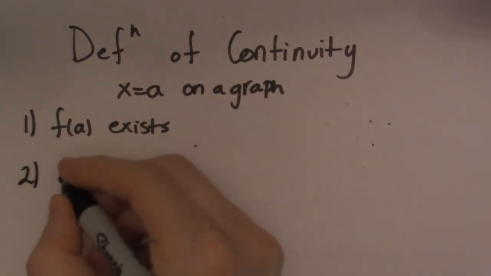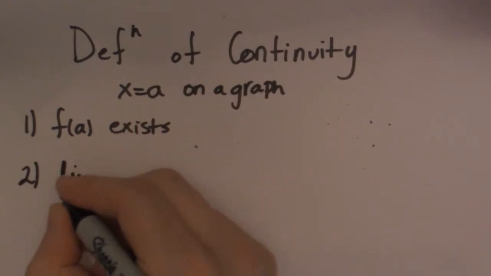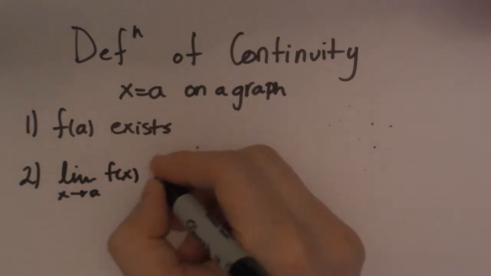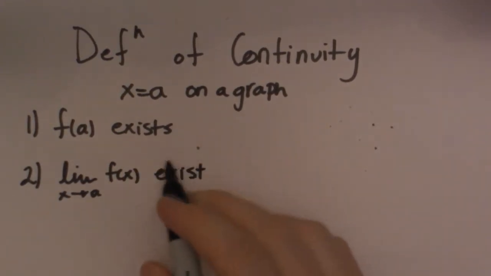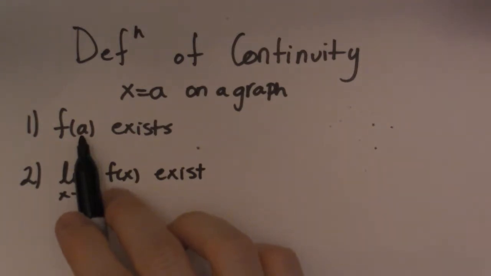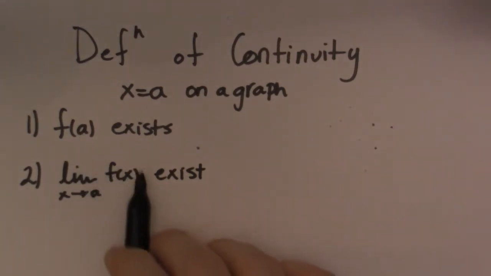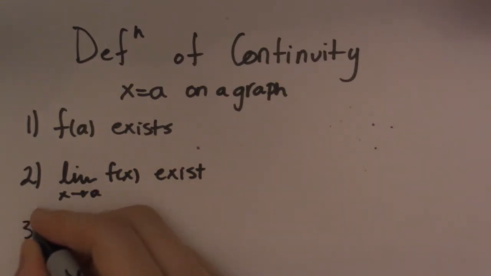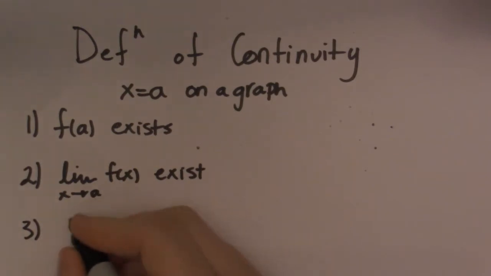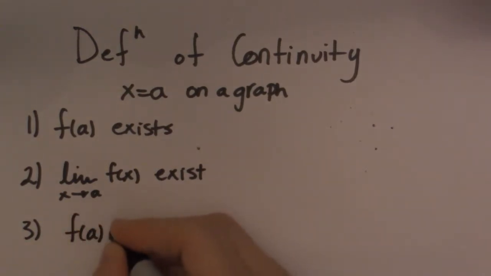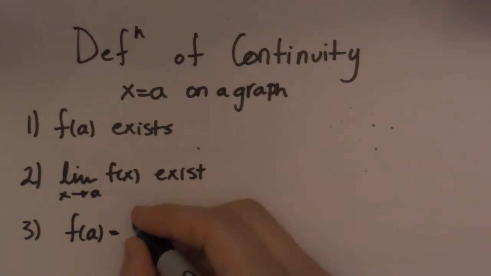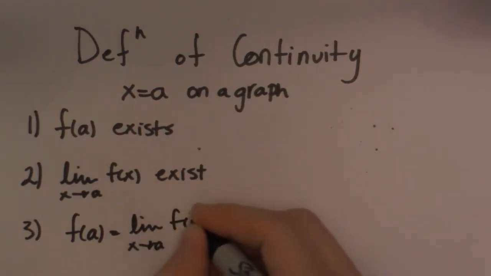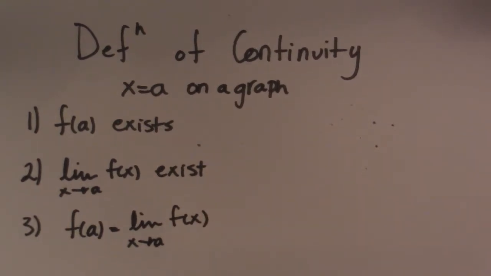The second thing is that the limit as x approaches a of f of x exists. As we get closer to a, the limit actually exists, so we get an answer back for the limit. And the third thing is that number 1 equals number 2, so that the value we get for f of a is the same as the limit.